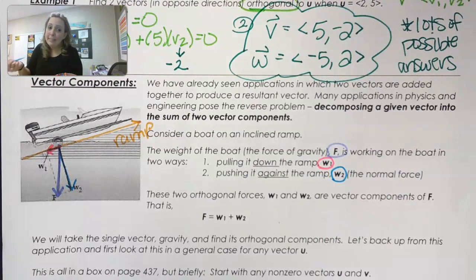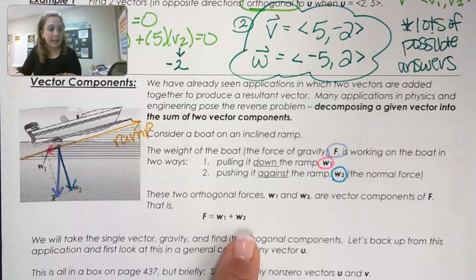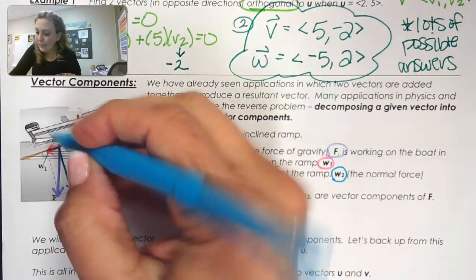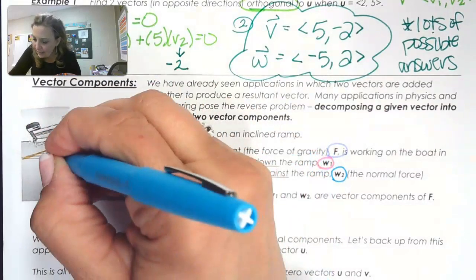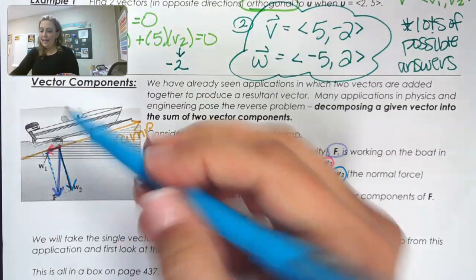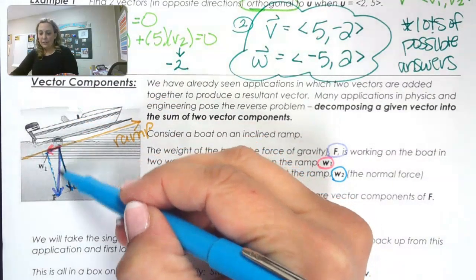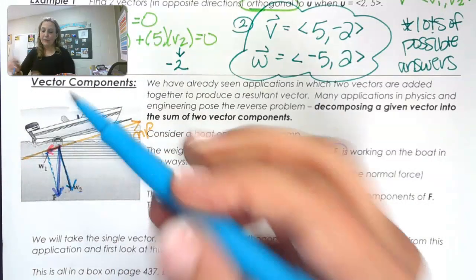To create that, we're going to take W1 plus W2. When we add vectors, we start at W1, and then on the end of W1, we can draw W2. Then our resultant vector starts where W1 began and W2 ended.